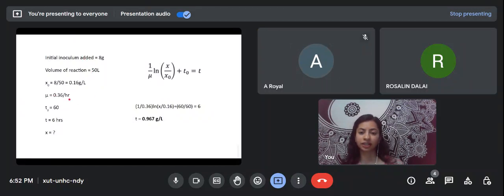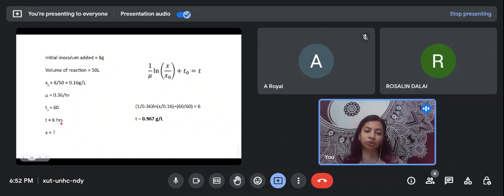Yes, since the growth rate is in hours, and the amount of time that has been given to you, t, is also in hours, you will convert it into hours. So what you get is x equals 0.96 grams per liter.